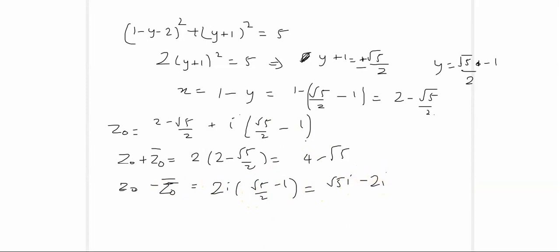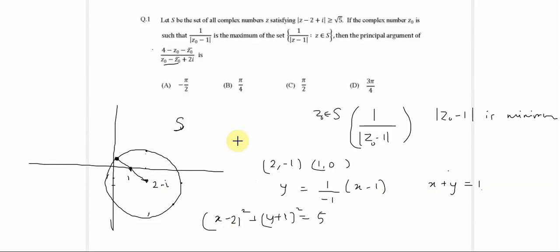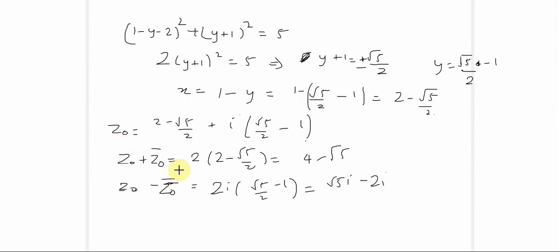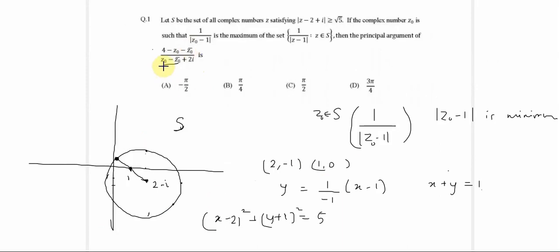Now look at the numerator. It's 4 minus this quantity, which gives us root 5. So the numerator will be root 5. The denominator is this quantity plus 2i.